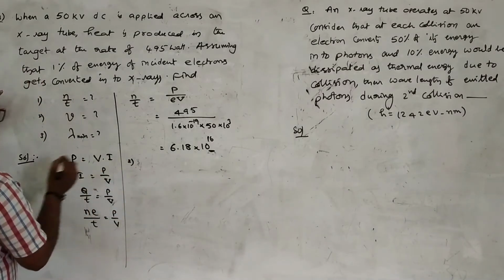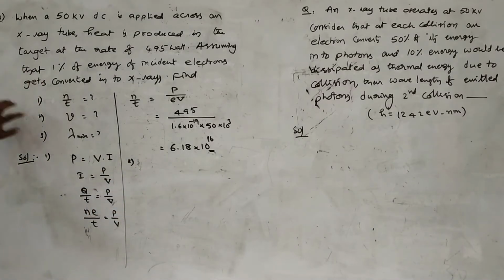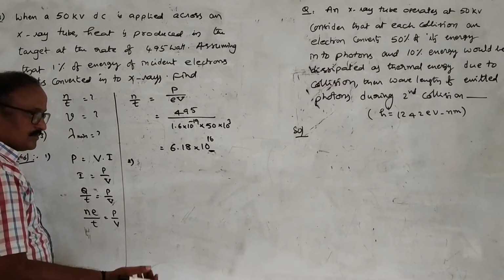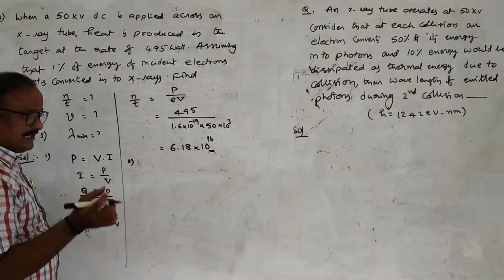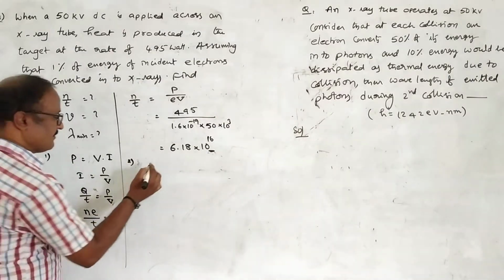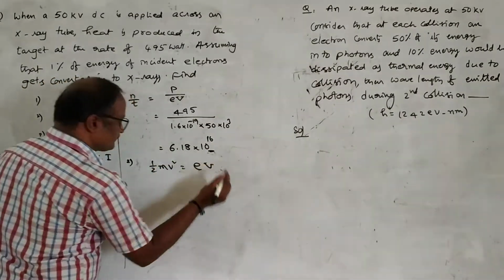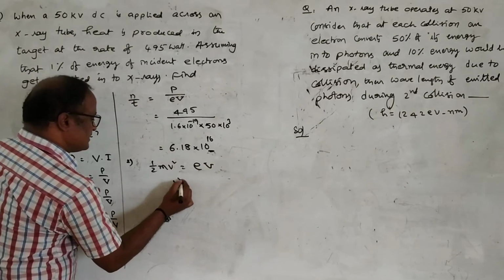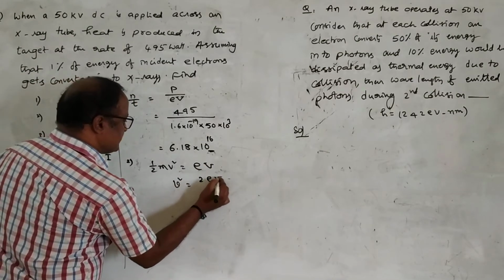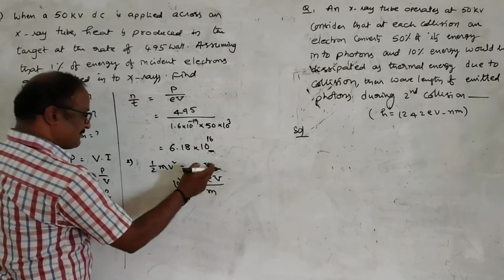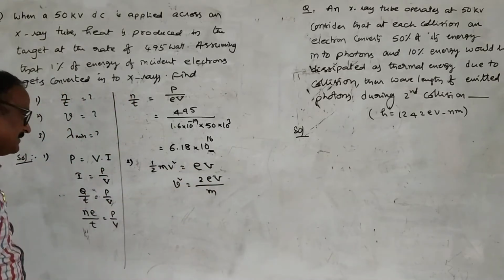And what is the second one? Find the value of the velocity of the electron as it strikes the target. Again, the maximum kinetic energy gained by the electron should be equal to eV, which means half m v square is equal to eV. From this, v square is equal to 2eV by m, where capital V is the potential difference and small v is velocity.